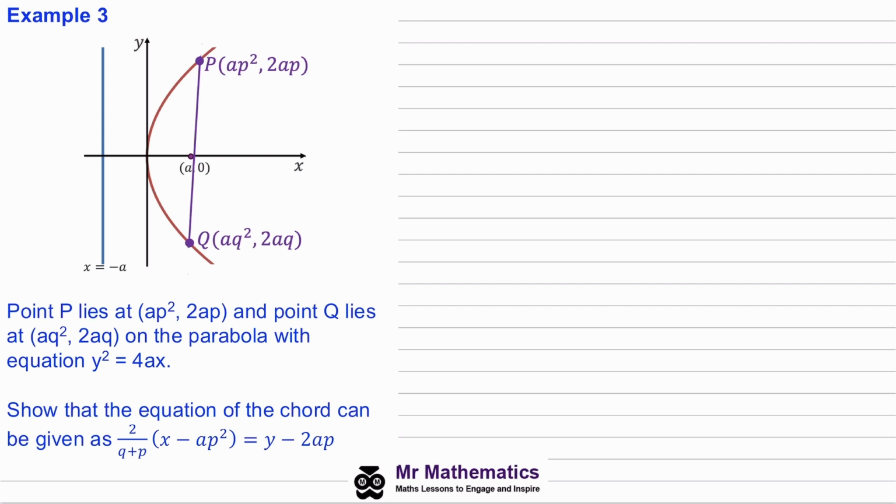Okay, so welcome back. So we can see that P to Q is a straight line. So we need the general equation for a straight line. And this is m multiplied by x minus x1 will equal y minus y1. So the first thing we need to do is to work out m, the gradient.